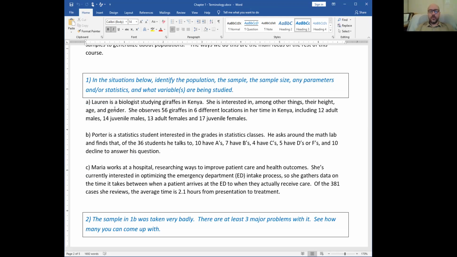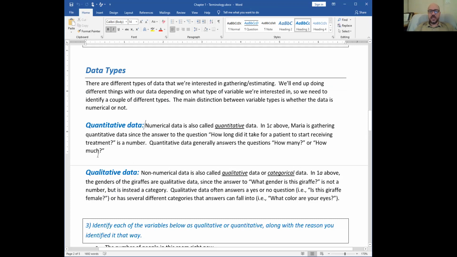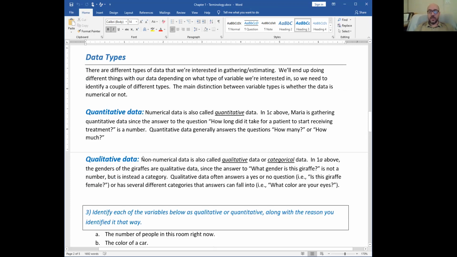And so qualitative data is anything that's a category or label, basically. So the answer to the question, what is the gender of this giraffe, is not a number. It is a label, male or female, right? Whereas the answer to how tall is this giraffe is a number. It's 17 feet 5 inches or whatever, however tall that giraffe is.